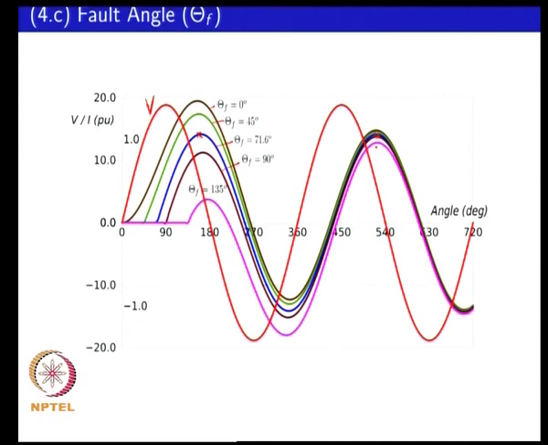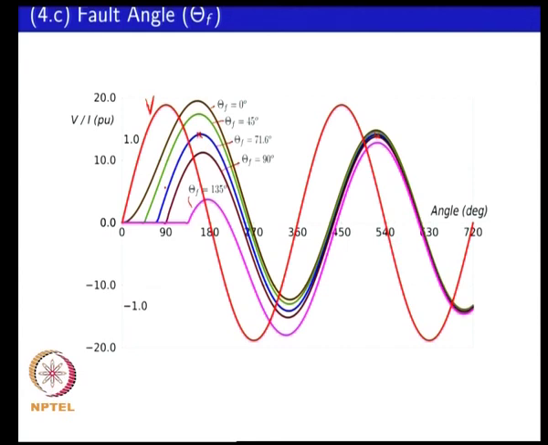There is no transient term. Only when theta f is different from the impedance angle of that RL circuit would you get the transient term. For theta f equal to 135 degrees, you have this pink line. You can see that theta f equal to 0, as expected, gives you the peak fault current.